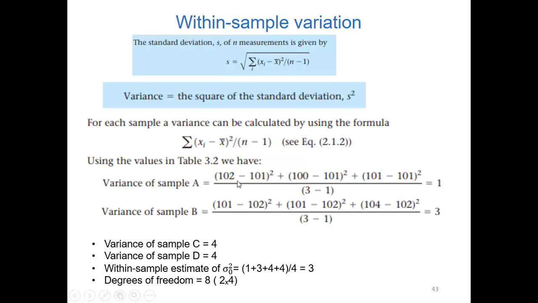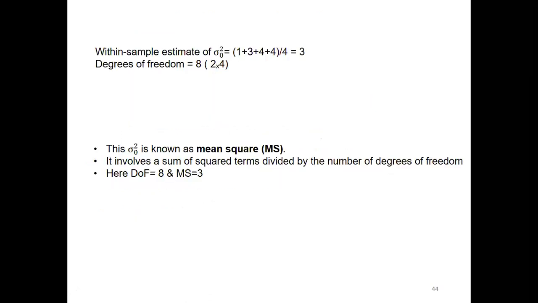Here we take the square term and divide it by the number of degrees of freedom. That means we are taking the mean of a square term. That's why we call this variance the mean square.